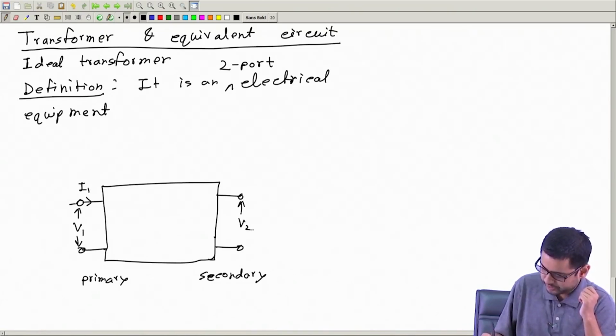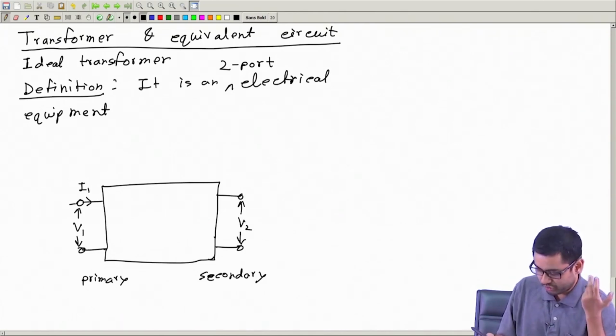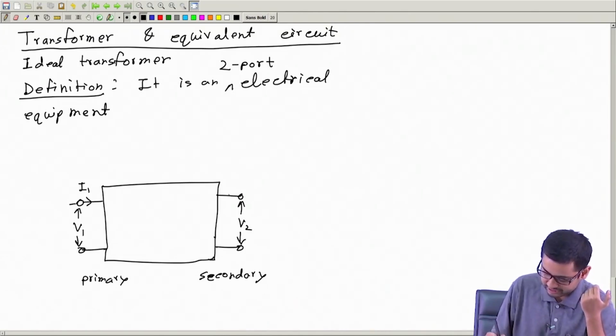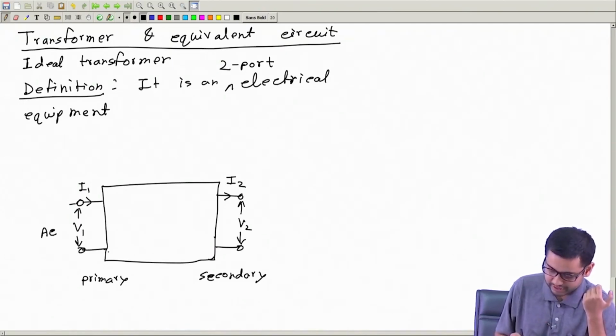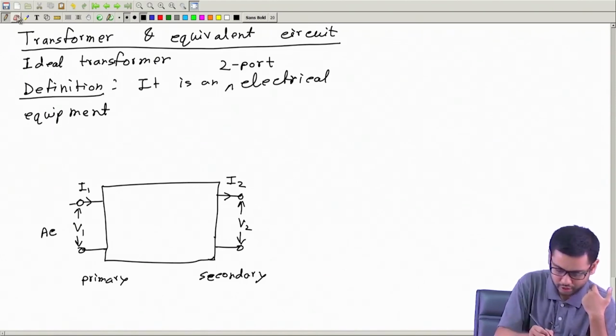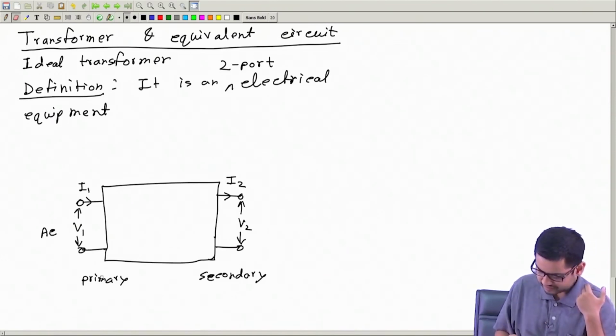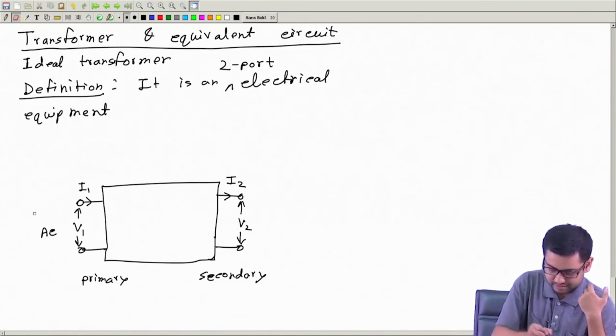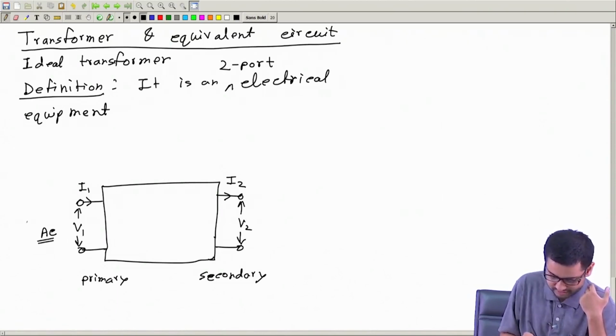Here we will get some voltage if we apply some voltage here, and if I have a closed path, then I can also have some current I2. All these are AC. Everything is AC. So this voltage, current, everything is time varying. Assume them to be pure sinusoidal now.